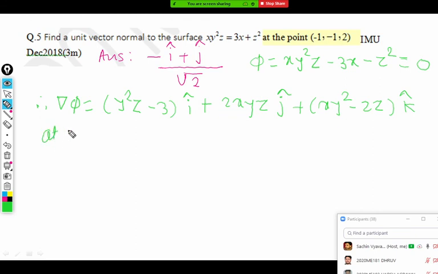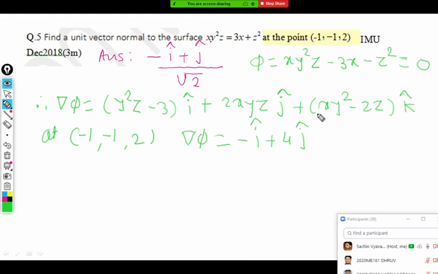We want that vector at minus 1, minus 1, 2. So at this point, del phi will become, replacing y by minus 1 and z by 2, 2 minus 3, so it's minus i cap. Then 2xyz, so it is plus 4 j cap.